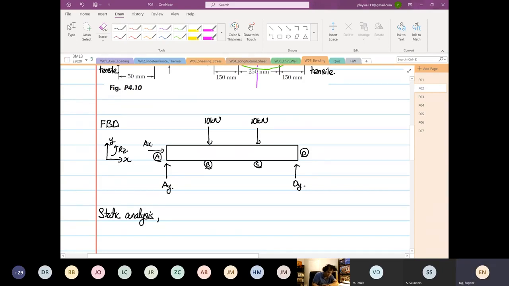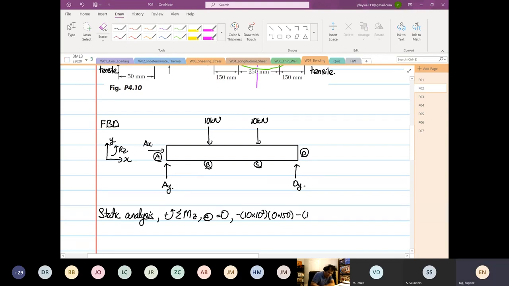Okay, so we are going to call summation of moment Z at point A. The whole thing will be equal to 0. So this will be equal to minus 10 times 10 to the power 3, and then you have a distance of 0.15.